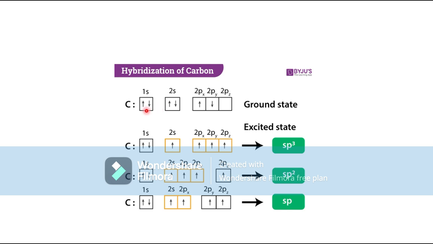Carbon at the ground state consists of 1s, 2s, 2px, 2py, and 2pz orbitals.